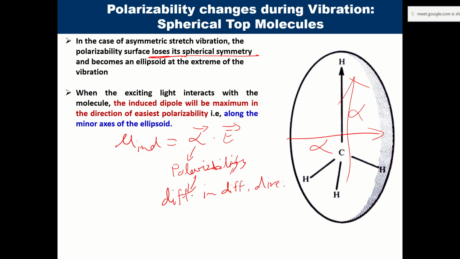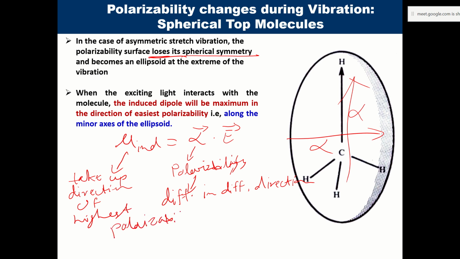So the induced dipole will start oscillating in the direction of highest polarizability. That is, it will lie along the minor axis of the ellipsoid in this case.